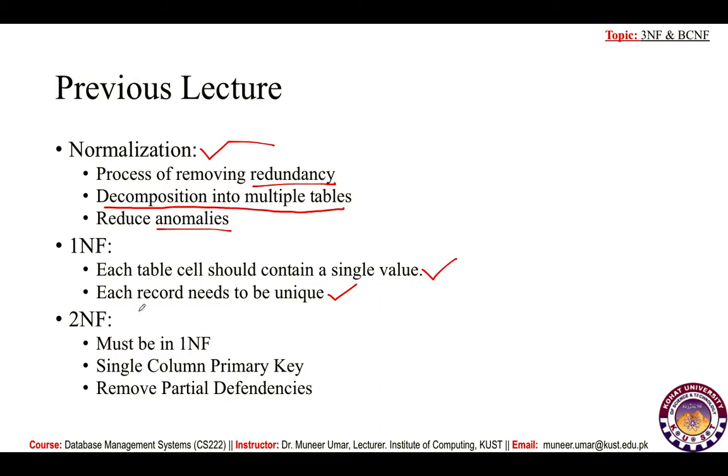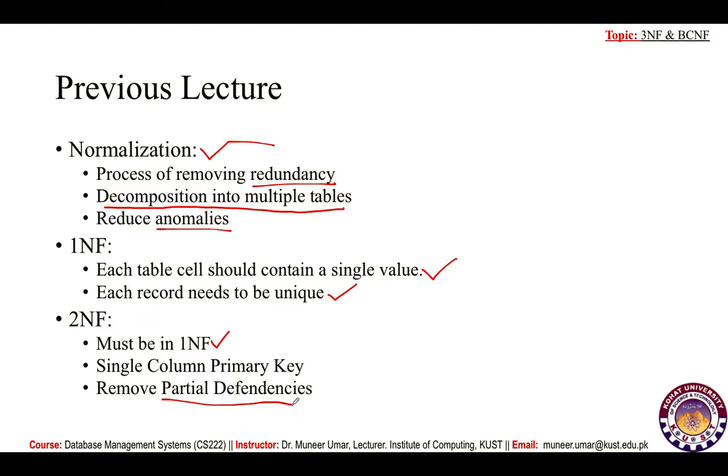In second normal form, we have some conditions. The first one is that it must be in first normal form, and each primary key column must be in a single form, meaning that there should be one attribute for a primary key, but this is not essential. The main thing is that we must check the partial dependencies or the hidden dependencies in the table.